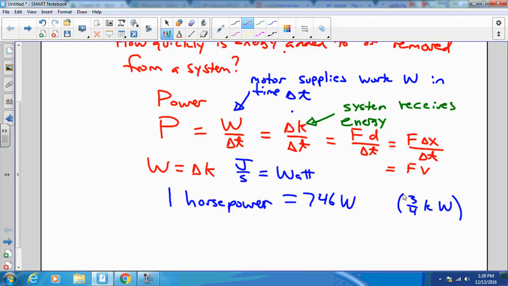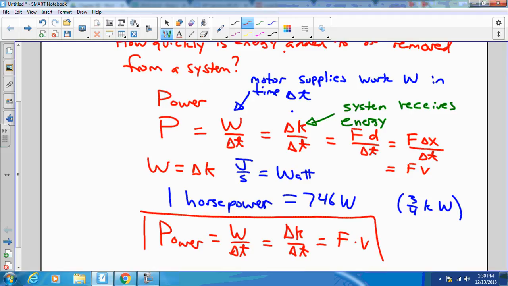Delta x over delta t is the same as the velocity. So we end up with 3 different ways to measure power. And those are work over time, which looks at the object supplying power, or the change in kinetic energy of the system over time, or the force exerted times the velocity.